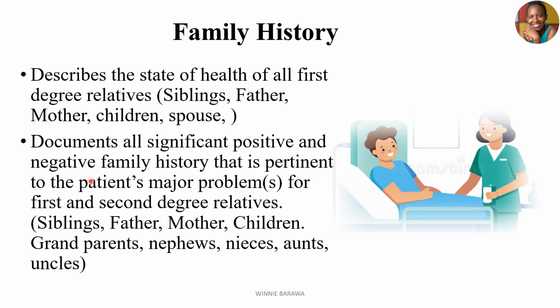And then in this case, you want to move to the other degrees, like second degrees. So you're told to document all significant positive and negative family history that is pertinent to the patient's major problem. More so here, you want to go to the second degree, like nephews, nieces, aunts, uncles, grandparents.